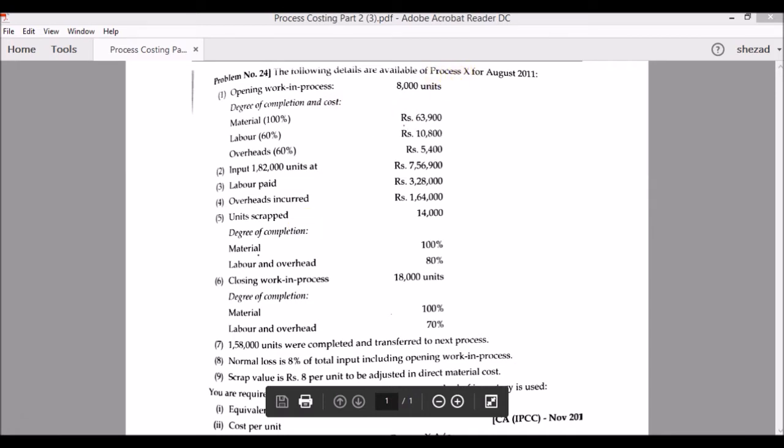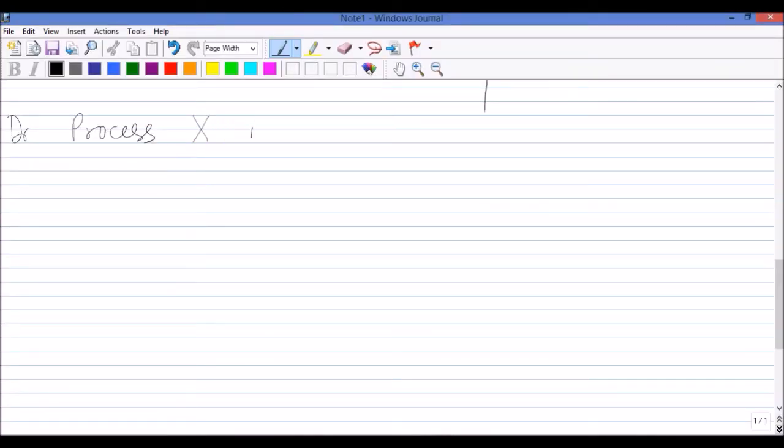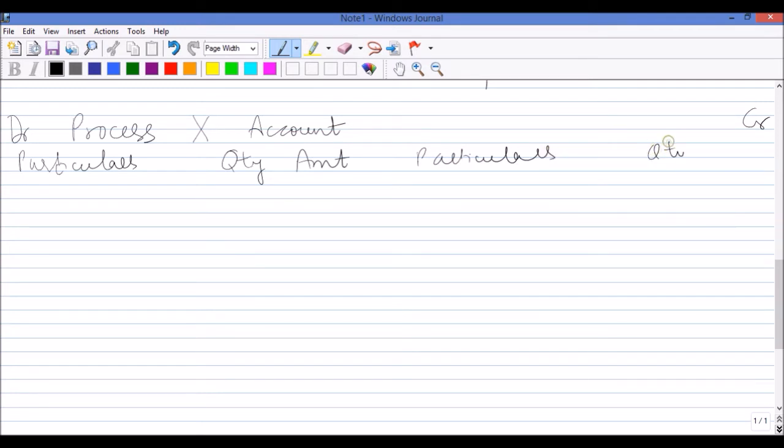Process X. So we are going to prepare the Process X account. I'm taking the entire page right now. So it is particulars, then quantity, then amount, then particulars, then quantity, and then amount.